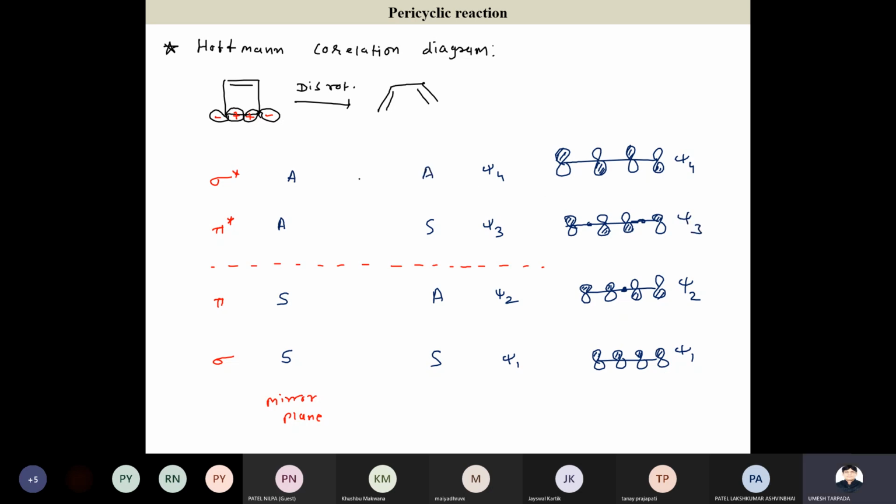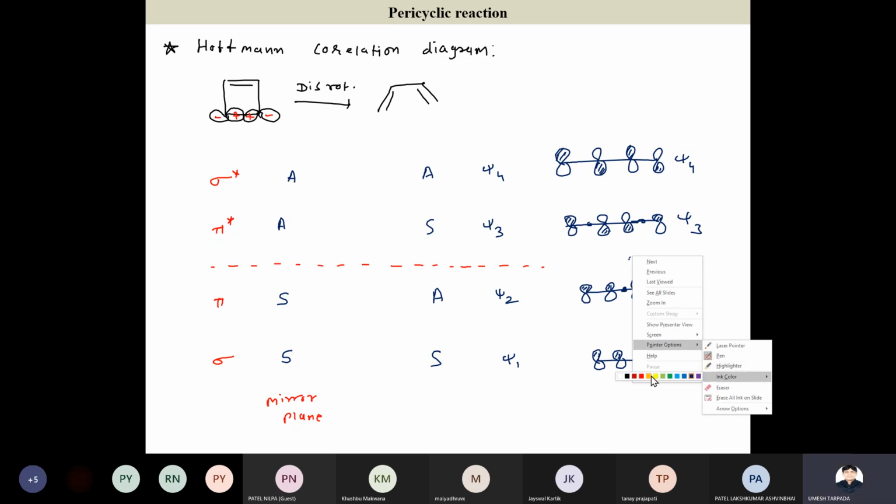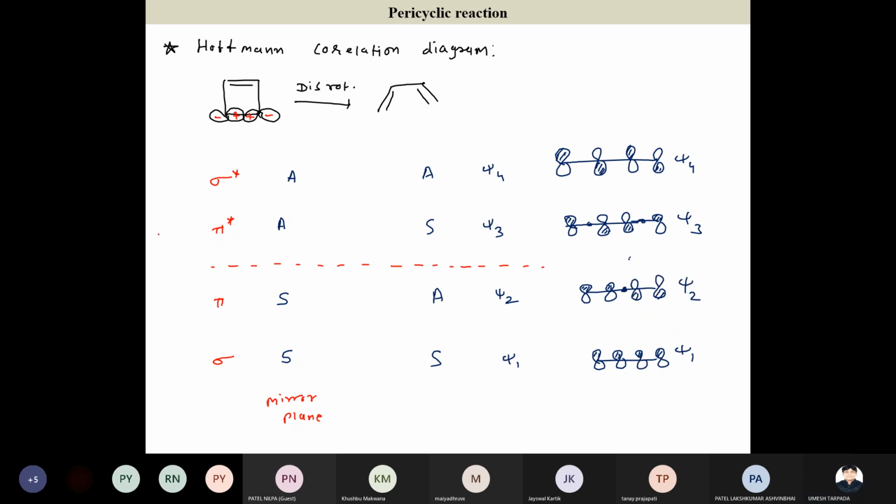So you can correlate the symmetry of reactant with product in this way. These two are correlated with each other, these two are correlated with each other, and now these two are correlated with each other. So here see what happens. Crossover is observed between bonding molecular orbital and anti-bonding molecular orbital.